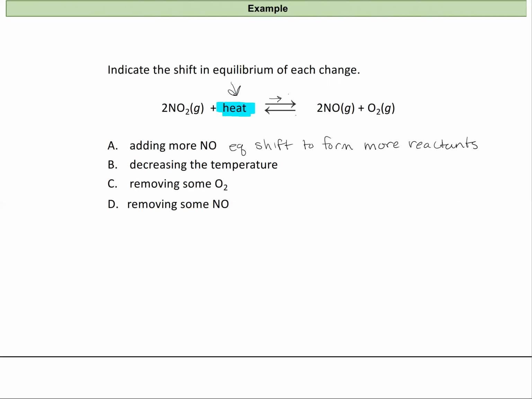And so that means that we're going to have more opportunities to form reactants from products until the concentration increases on our reactant side and we can reestablish equilibrium. So we're going to see equilibrium shift to form more reactants as well.